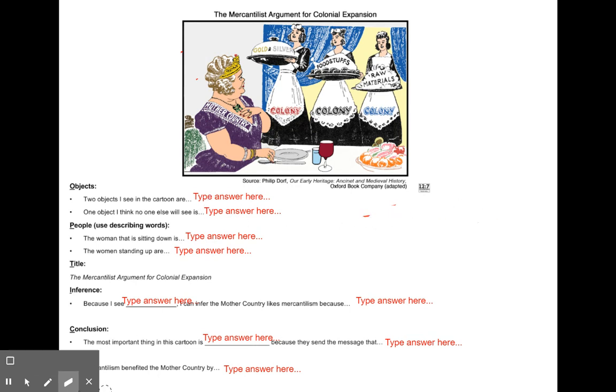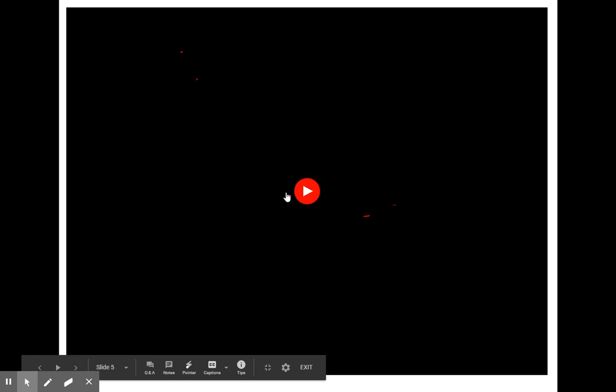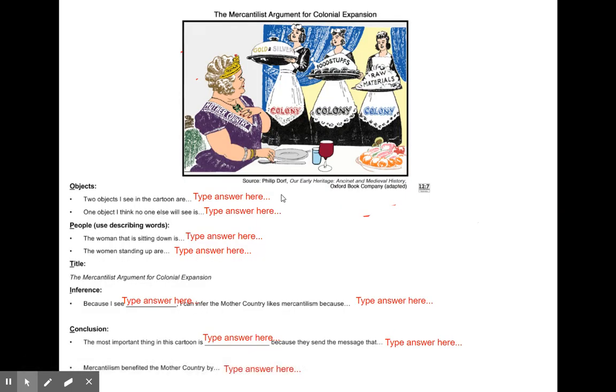Right here, you are going to write down two things you see in the cartoon, and then one object of detail that you don't think others will see. And it says people describing words. You're going to type down what you're describing: the woman sitting down, which I know I've kind of already done for you, but this is your first time to do that. And then the woman standing up, you're going to describe them.